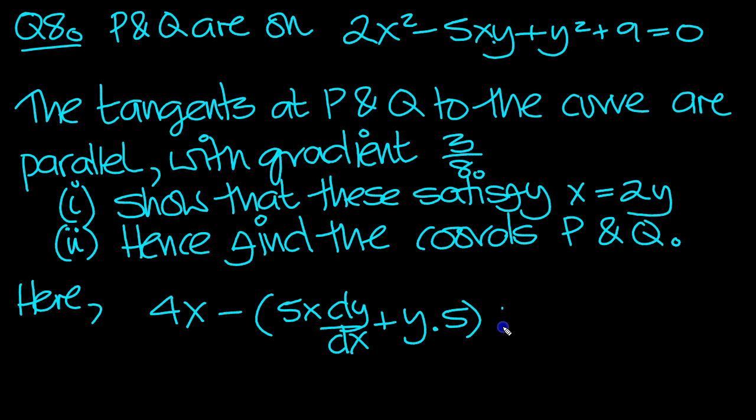So that's that one done. Plus, this is something squared, so the 2 comes down, something to the 1 multiplied by the something differentiated, function of function rule, plus 0 equals 0, because the constant differentiates to 0.